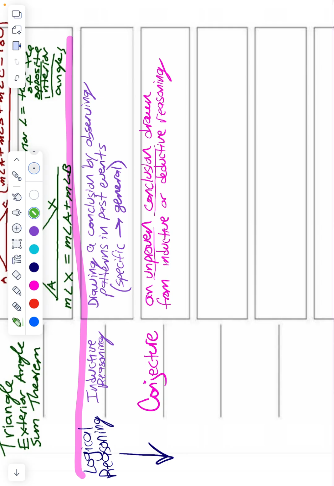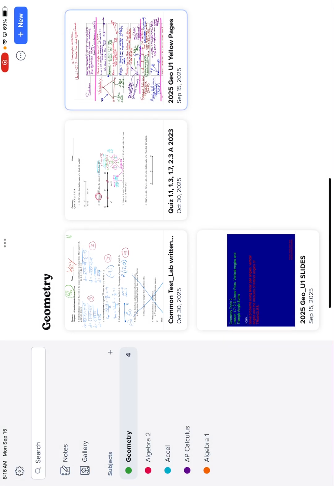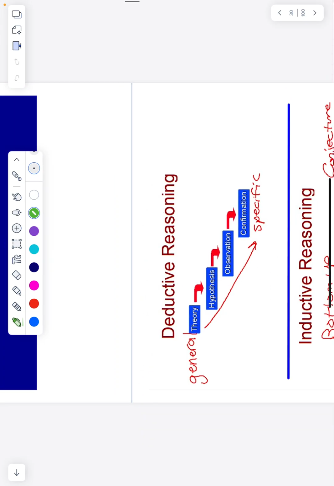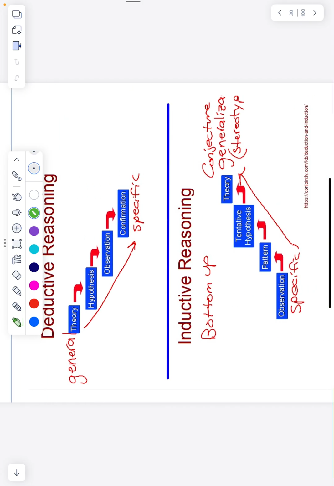Okay. Just stay there on your notes. I'm going to show you a graphic real quick to compare and contrast these two types of reasoning. So we just talked about inductive reasoning, which is observing a specific occurrence or multiple. Like we just saw with the numbers, we observed 5 different numbers, but they were specific numbers. We saw a pattern.